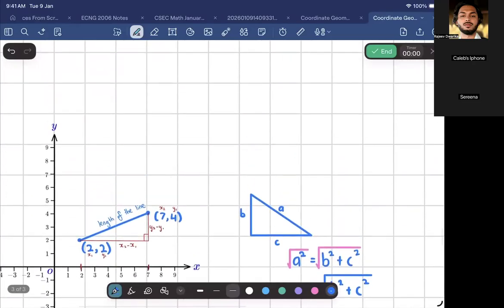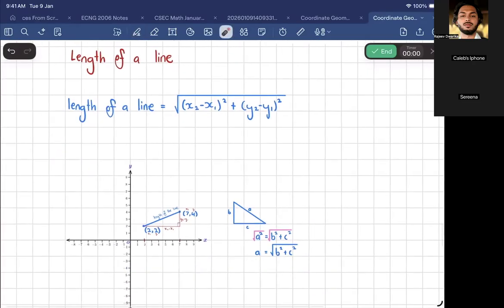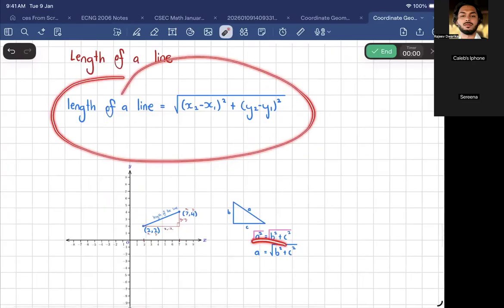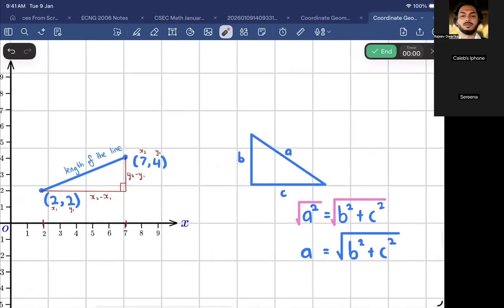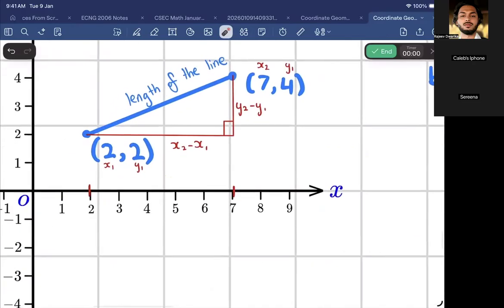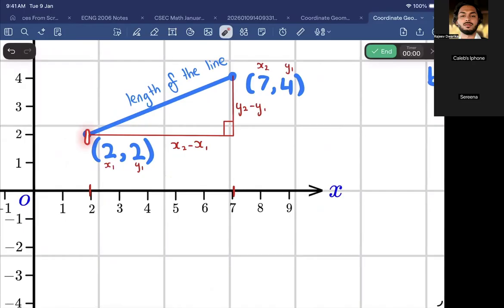Now, I want you to ask yourself, doesn't that look very similar to this? Yes, it should. And let's understand how that makes sense. Remember, I told you that B and C are just the other sides. So, Caleb, if I wanted to find the lengths of the sides here, wouldn't I have to say x2 minus x1?